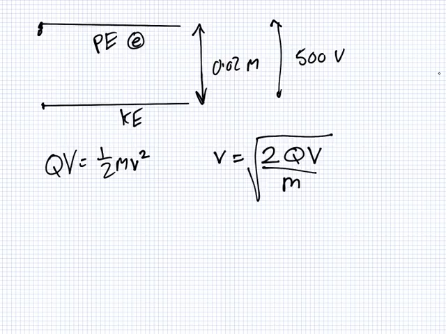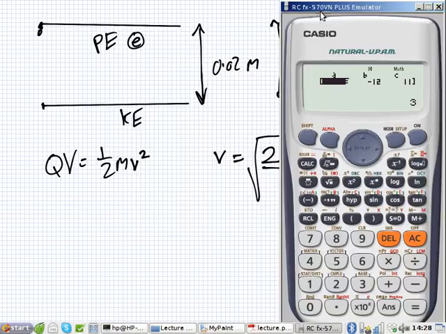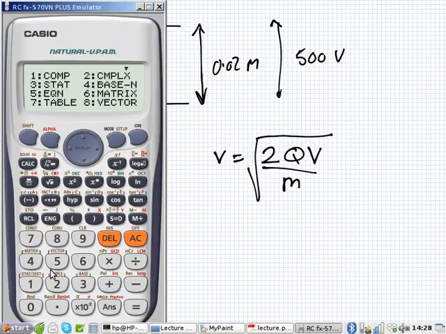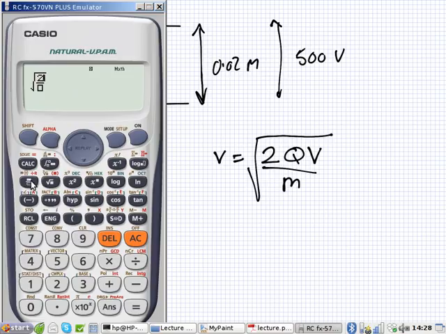So, let's just hit that in. Charge of electron is constant 23? Yeah. Okay, and the voltage is 500, and the mass is, what number is the mass? ME, is it constant 3? Yeah. Mass of an electron.